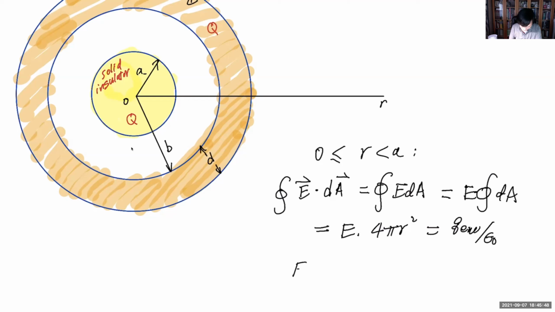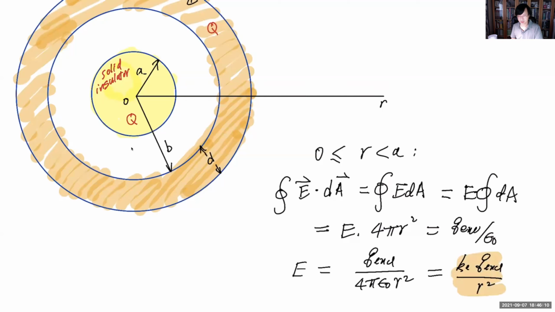So E is equal to Q enclosed over 4 pi epsilon naught r squared, and then 1 over 4 pi epsilon naught, that's just K. So you can write this as K Q enclosed over r squared, and you can see clearly that this is just the electric field of a point charge. Isn't that the electric field of a point charge, right?